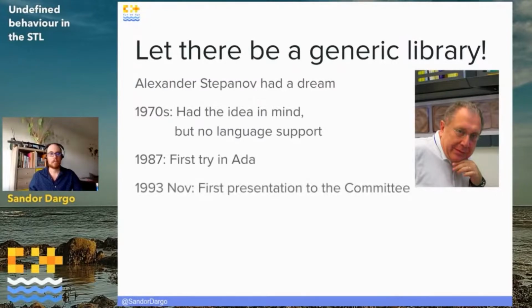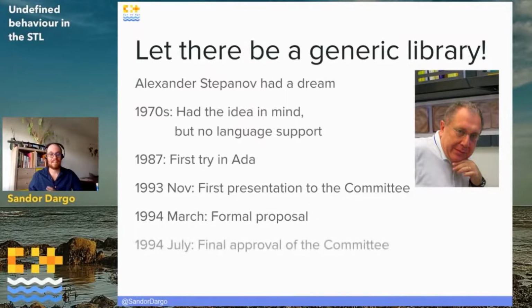And then in 1993, a former colleague of his convinced him to present his work in progress to the C++ committee, which he did in November 93. And from now on, it really speeds up. In just a few months, in March, he submitted the formal proposal.